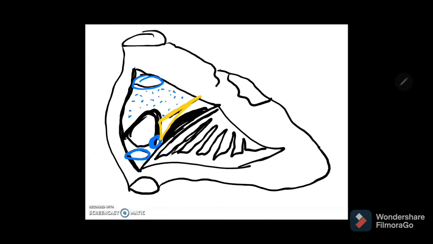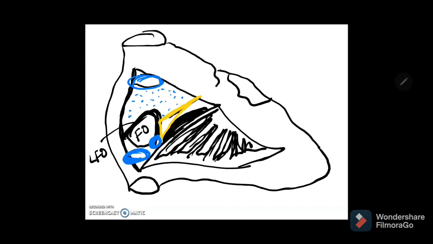What you are seeing here is the anterior rough part made up of irregular muscular ridges called musculi pectinati, and the posterior smooth part is showing the opening of these veins, superior vena cava from above, inferior vena cava from below. Inferior vena cava is guarded by the Eustachian valve, coronary sinus by the Thebesian valve, and you can also notice the fossa ovalis here, and this is the limbus fossa ovalis.